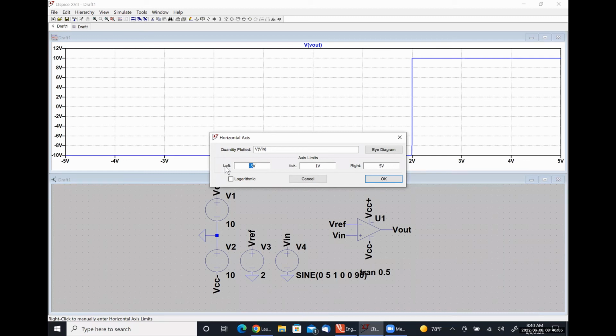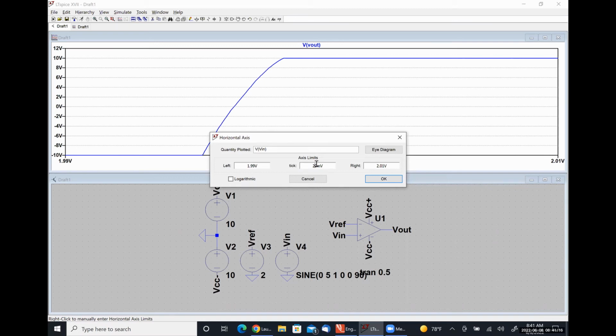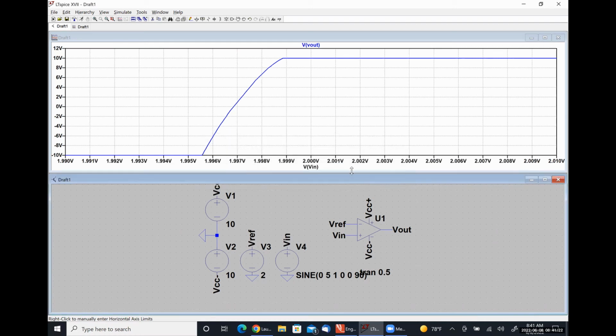I'm right-clicking down here now to simply change the bounds of our simulation to be 1.99 and 2.01. And so we can see, we're now seeing a diagonal line. And effectively, the reason why we're seeing this diagonal line is because I've zoomed in so much, okay?